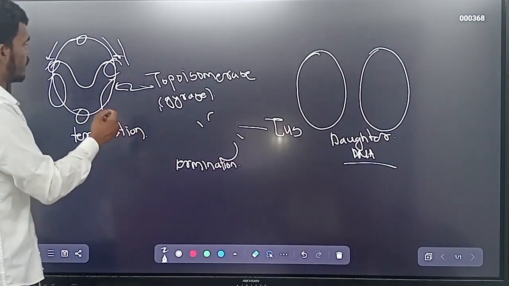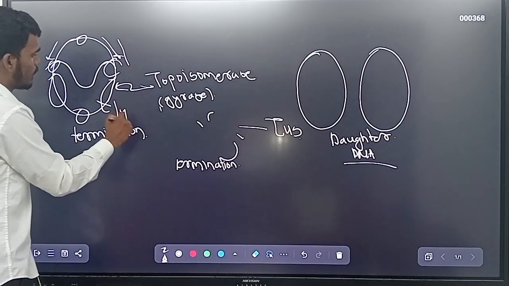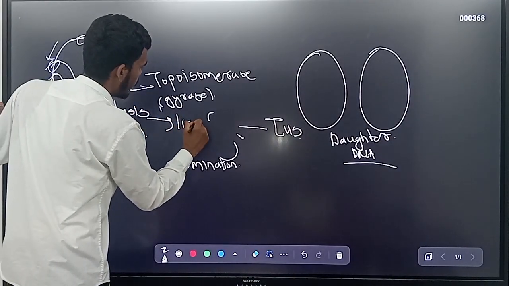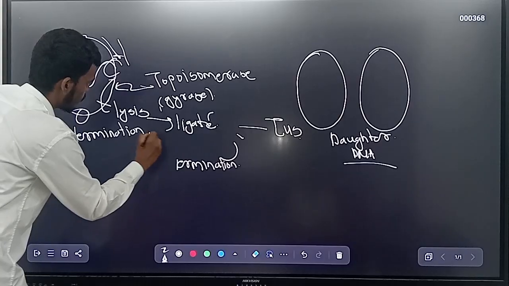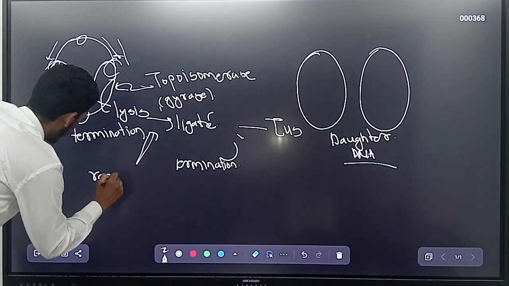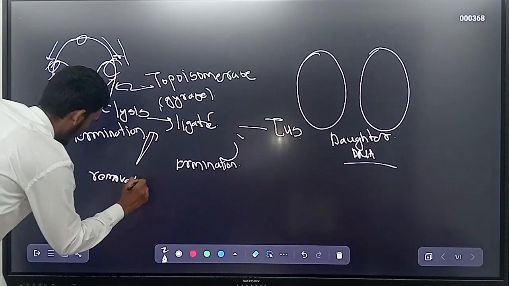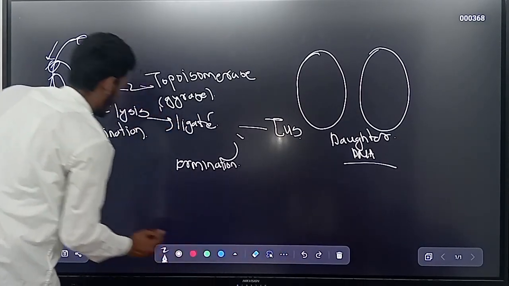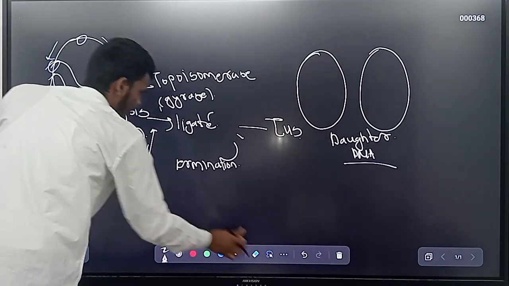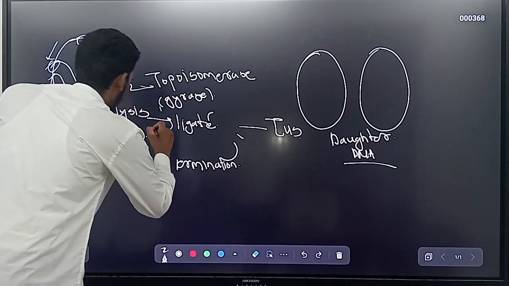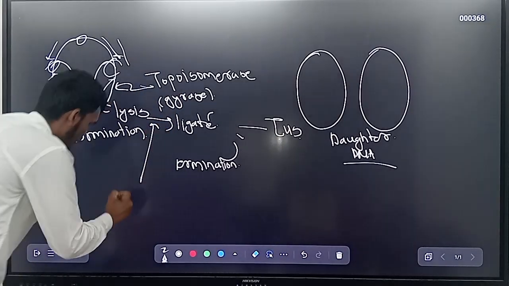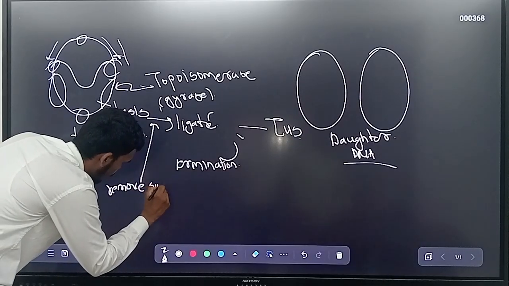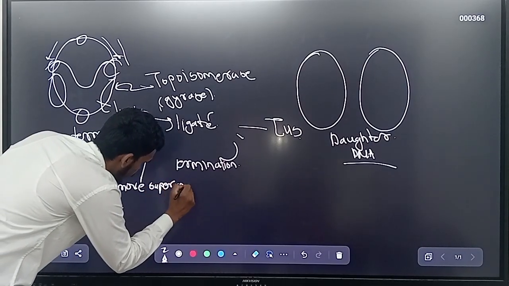So at the last, there are two problems which will get formed during replication. When these replication forks move forward with the help of DNA polymerase 3, which has helicase nature, supercoiling will get formed at this position in front of it, and this will be removed with the help of topoisomerase.